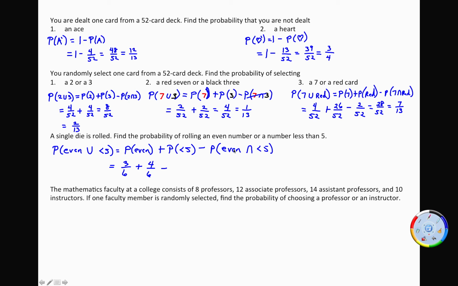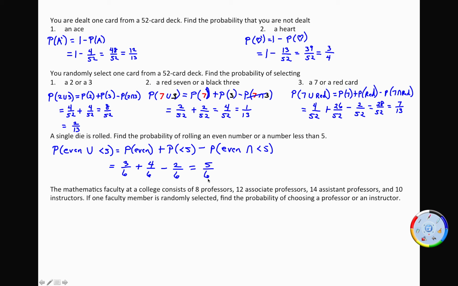Now, these are not mutually exclusive, so this is not 0. So I've got to figure out how many of them are even and less than 5. Well, my even numbers are 2, 4, and 6. So 2 and 4 are both even and less than 5. 2 ways that a number can be even and less than 5. So 7 minus 2 is 5.